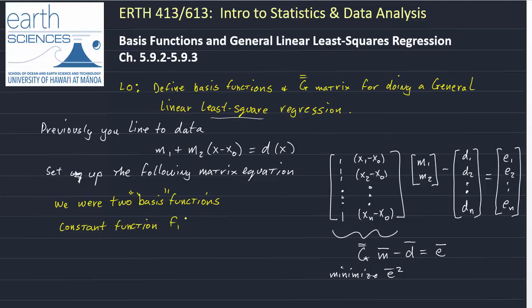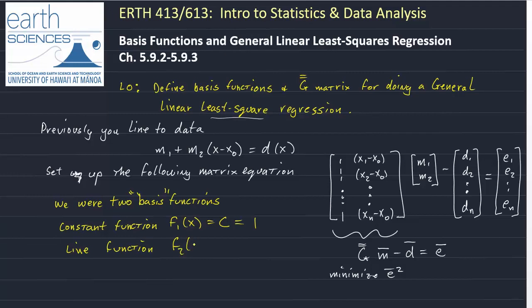We'll call that f1 for now. f1 is generally a function of x, but in this case it wasn't a function of x, it was a constant, and that constant was 1. And the other function was a line function.